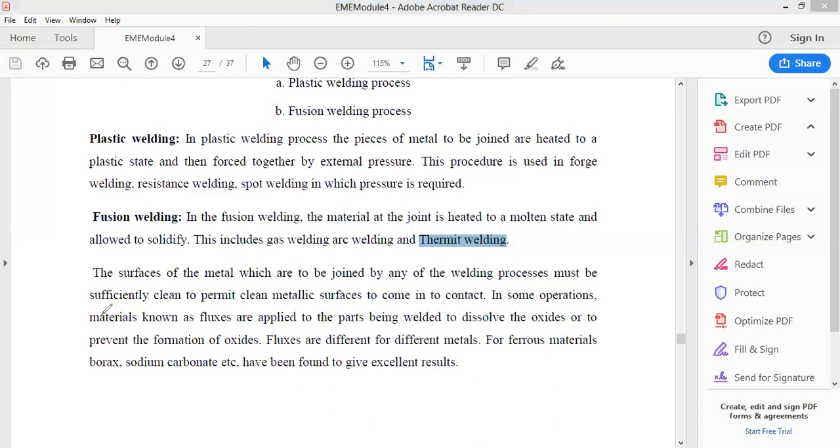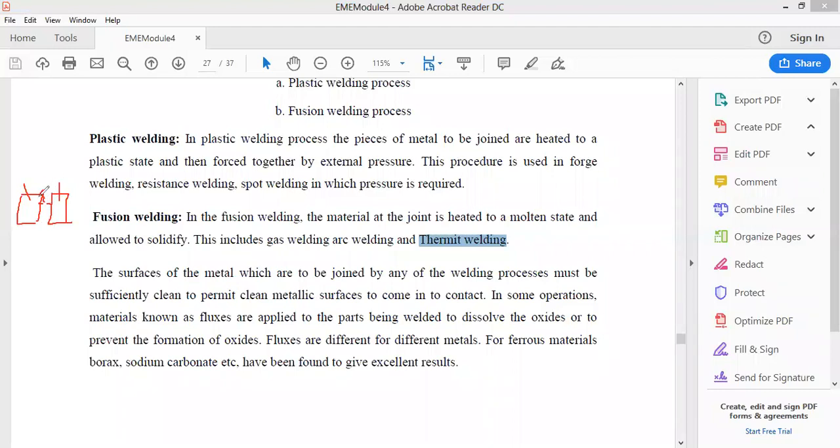Say for example, if I take two pieces of metal which are to be welded, and I'm going to weld in this particular region. I want these two edges, metal piece number 1 and piece number 2, to be joined over here.